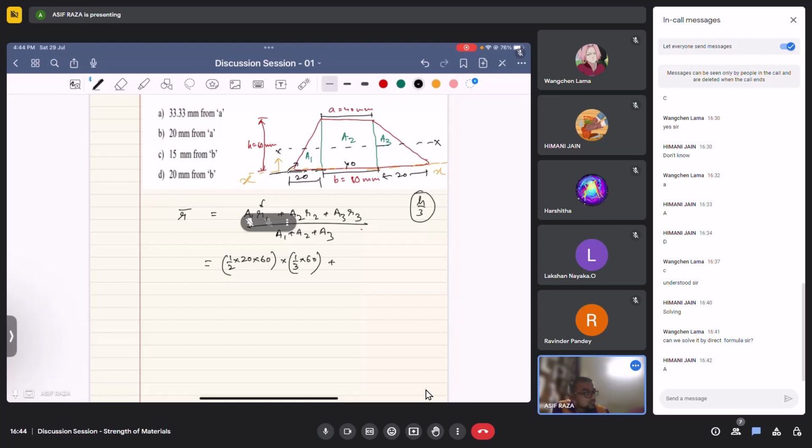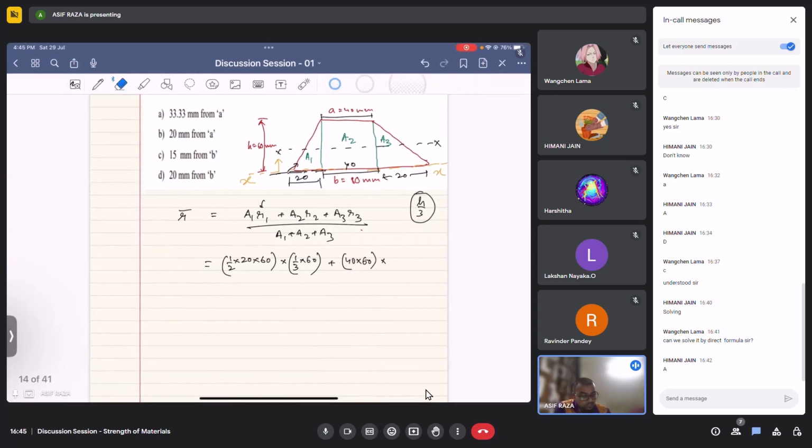Now A2 is this rectangle that is having an area of 40 times 60. You guys can pitch in wherever I make a mistake or you have any doubt. R2 is what?